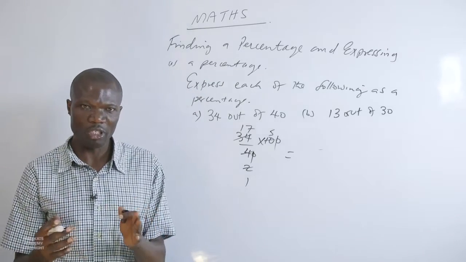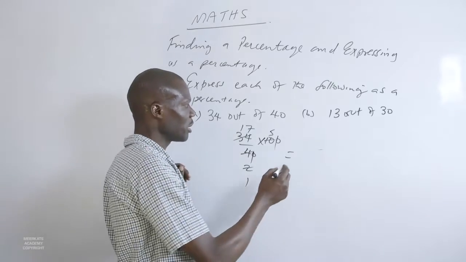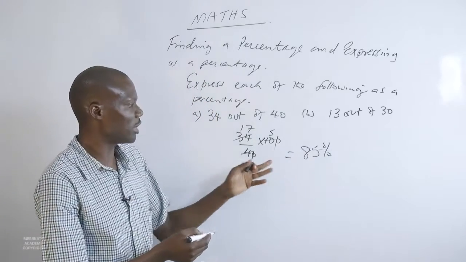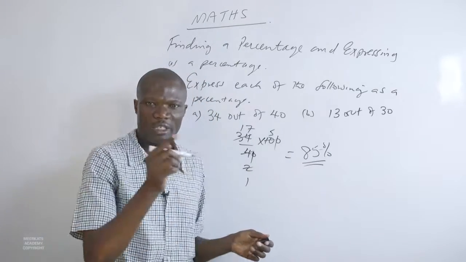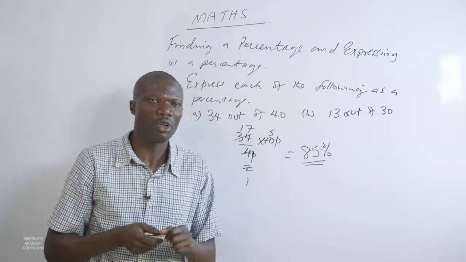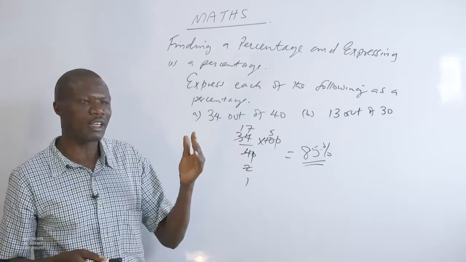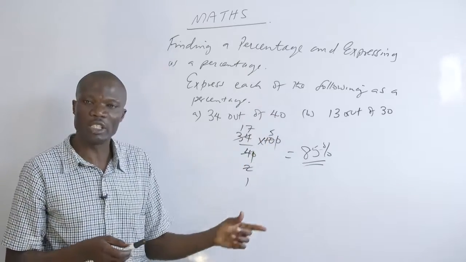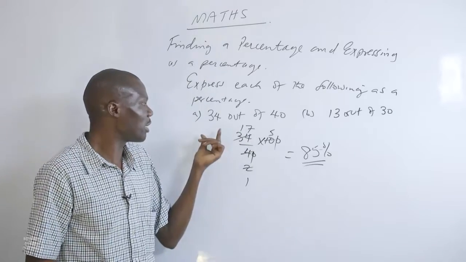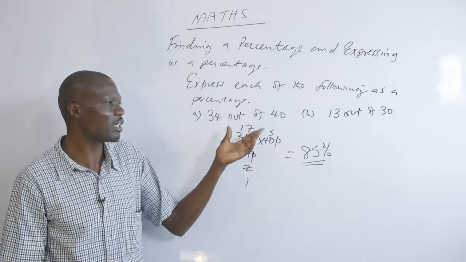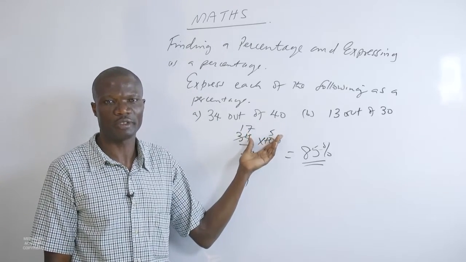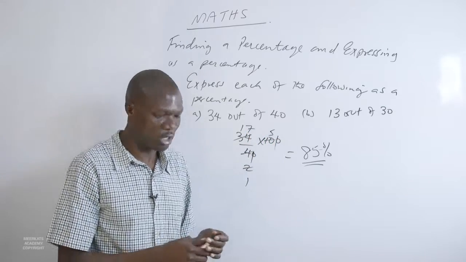When you multiply 17 by 5, you will get 85. And we were saying converting to percentage, you must have the percentage sign to show that what you have is a percentage. Therefore, 34 out of 40 in percentage is 85%. 34 represents 85% of the 40.